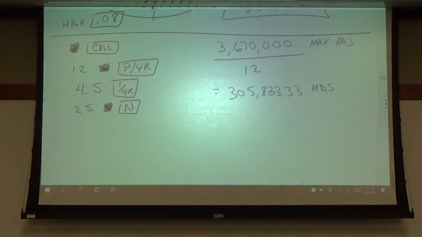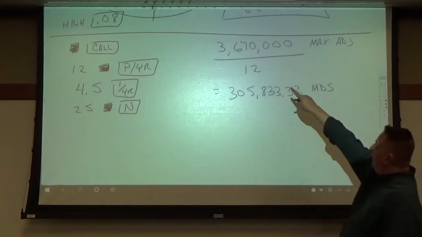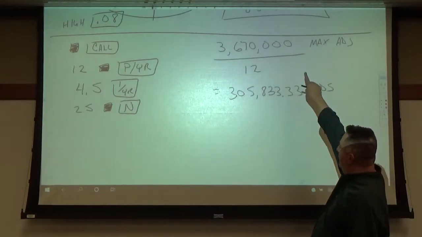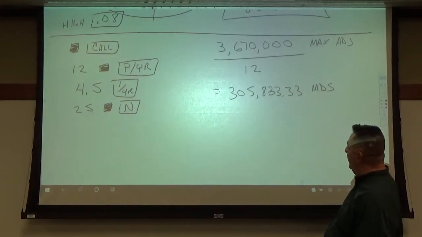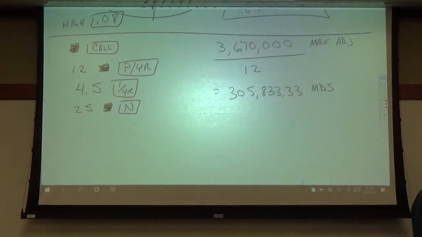Okay? That's your monthly. Don't do anything more than what I put up here on the board. All you're doing is taking 367,000 divided by 12 to give us 305,833.33. Is everybody good with that?